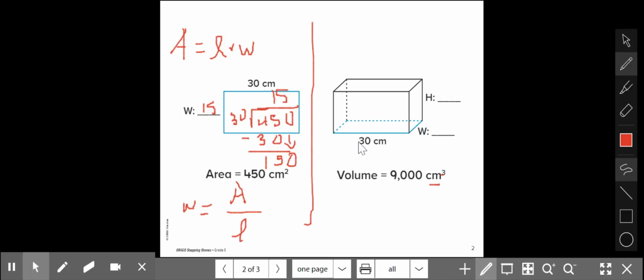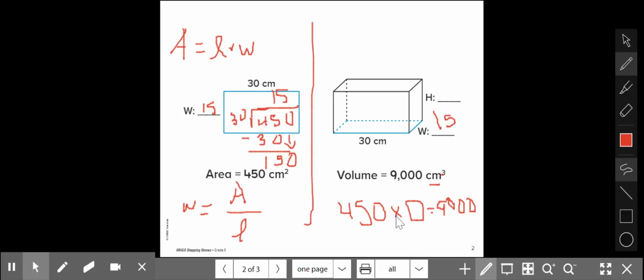So we're going to keep our 30 centimeters, and we'll keep 15. Remember, if we take 30 times 15, we get 450. And now we have to think, what if we take 450 times a number and get 9,000? What number would we have to multiply by to get to 9,000? Well, that's like saying we're going to divide 450 into 9,000.